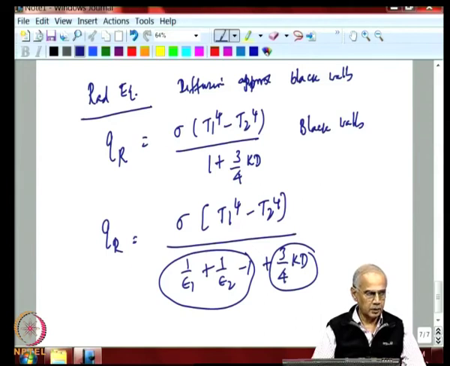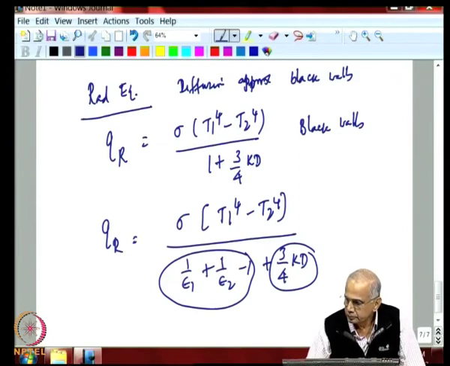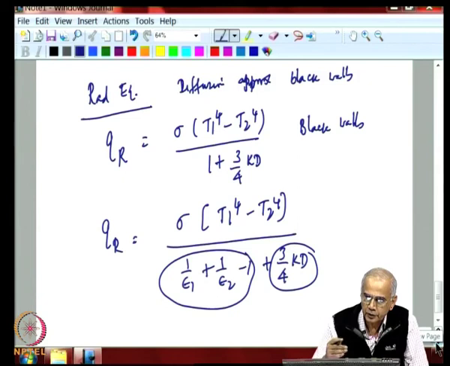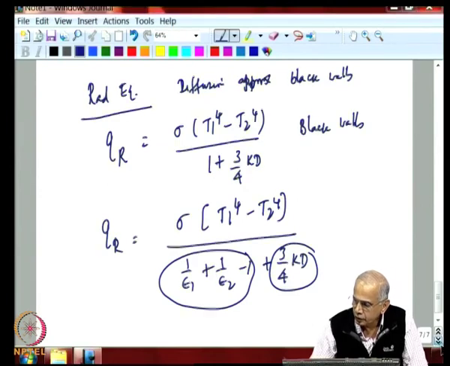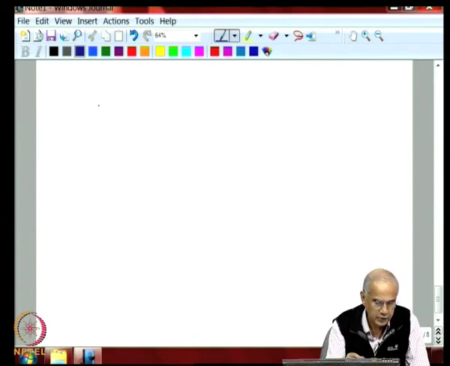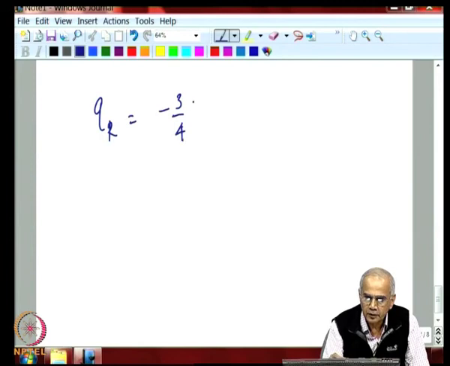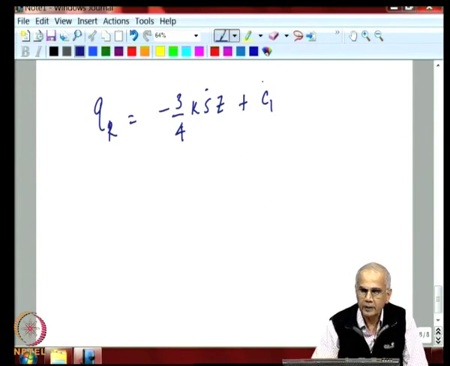The heat flux, if you recall, the only difference between this solution and the one we got today is that in the radiative equilibrium problem, this is a constant. So, we can easily write it out. In the case of the present problem, radiative flux is not a constant. So, we can write this radiative flux as minus 3/4 K S dot Z plus C1, which we already highlighted.